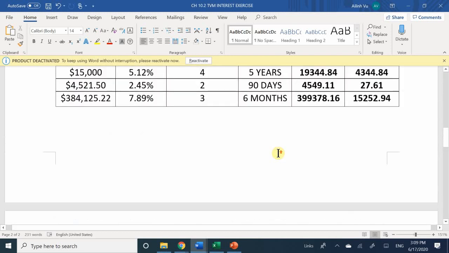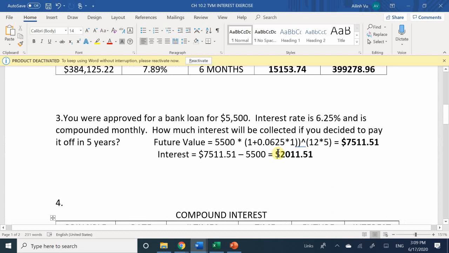So let's go ahead and look at our problem 3 real quick. Here, you were approved for a bank loan for $5,500. In this case, we want to look at this number. We know that it is 6.25%, and it's going to be for 5 years, and it's going to be charged every month.